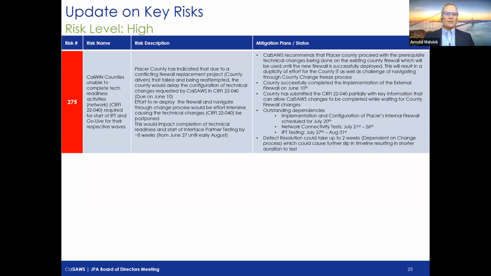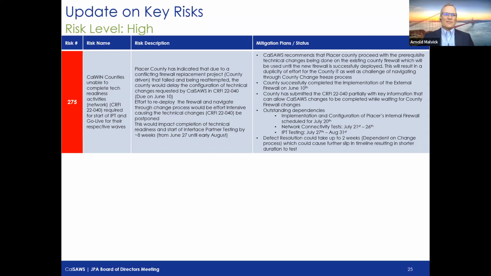So 275, this is where John had just talked about Placer. 275 is in a similar vein to 272 on the POP locations; it is about counties being unable to complete the tech readiness because of connectivity. For wave 1 for Placer, there was an upgrade of the firewall going on.